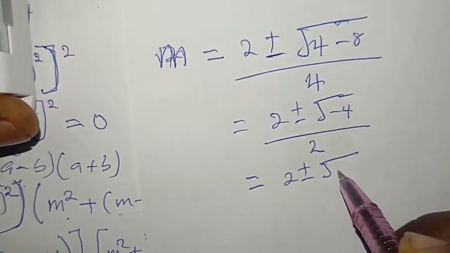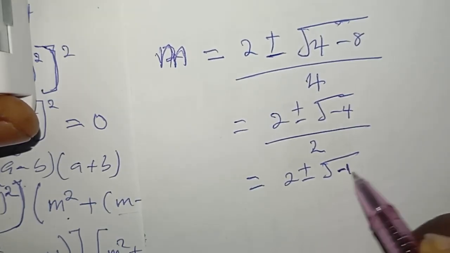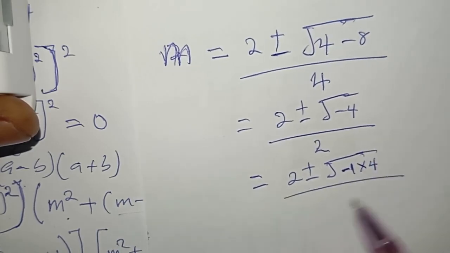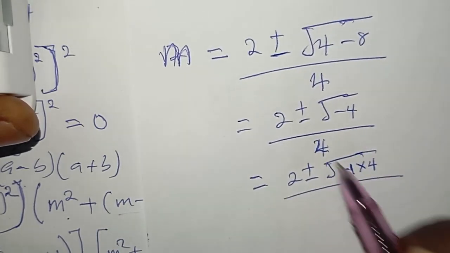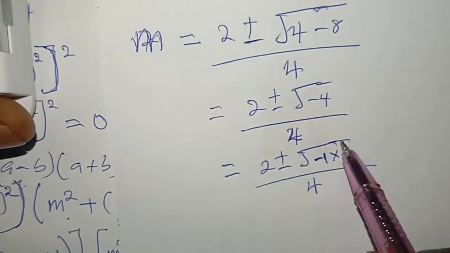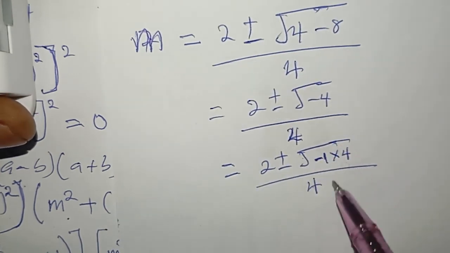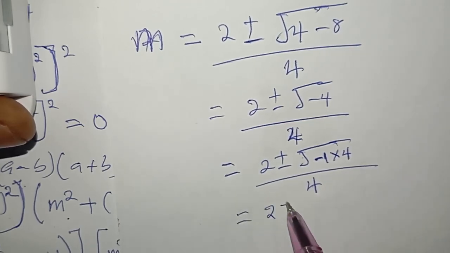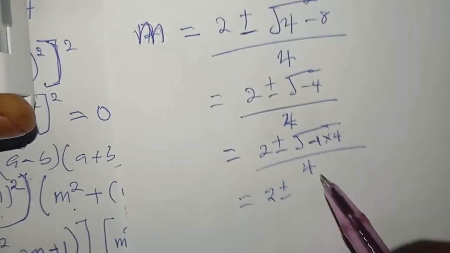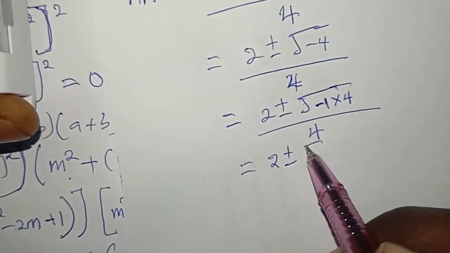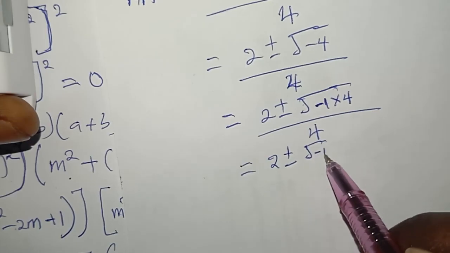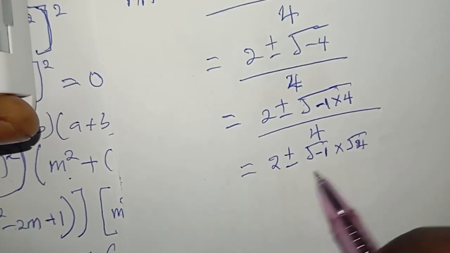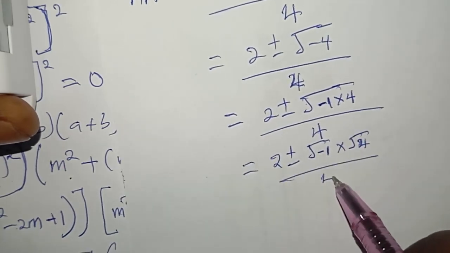I can write this minus 4 as minus 1 multiplied by 4. I'm going to distribute this square root over the minus 1 times 4, so that I have 2 plus or minus the square root of minus 1 multiplied by the square root of 4, all divided by 4.